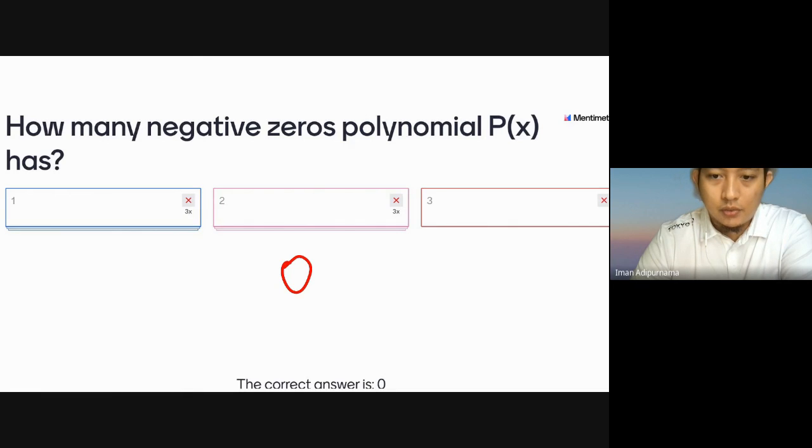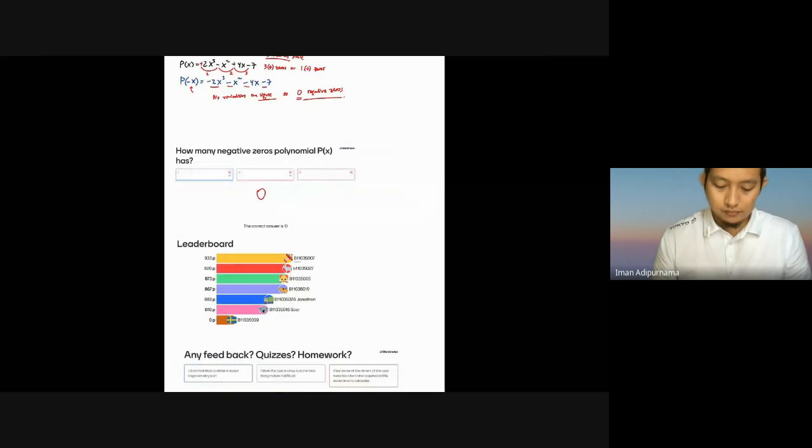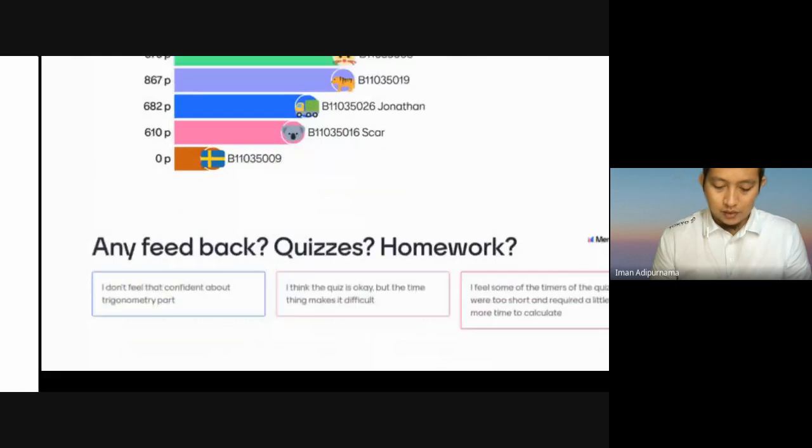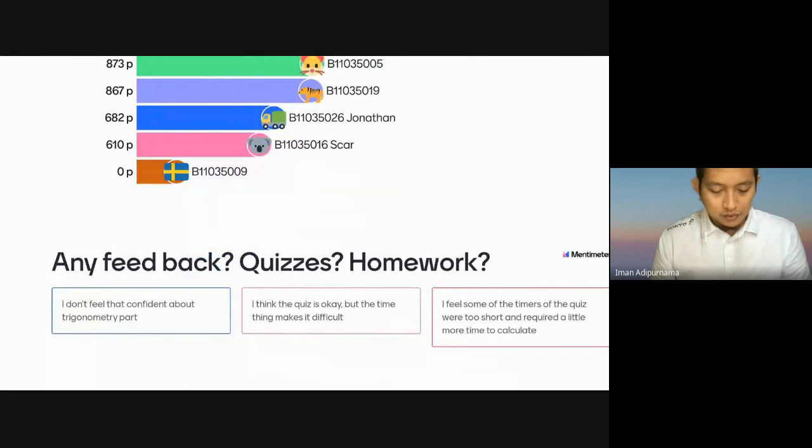Let's say we have questions, and feedback for quizzes or homework. The trigonometry part we will have in maybe 2 or 3 weeks. The time is making it difficult, of course.